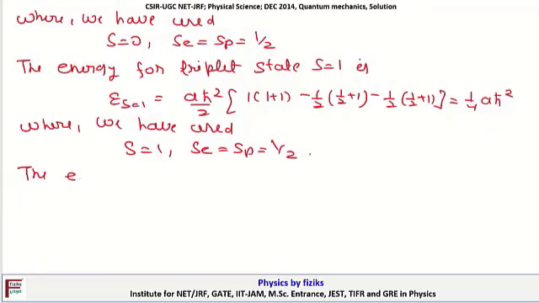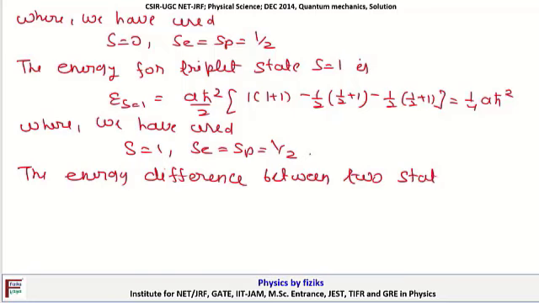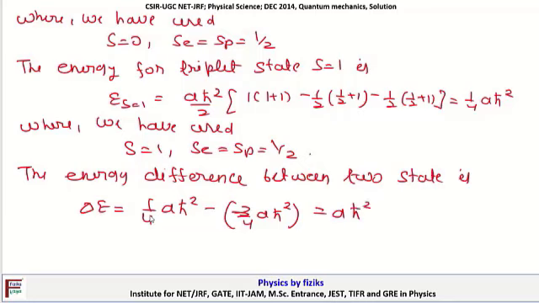The energy difference between the two states, delta E, equals 1 by 4 A h cross square minus minus 3 by 4 A h cross square, which equals A h cross square.